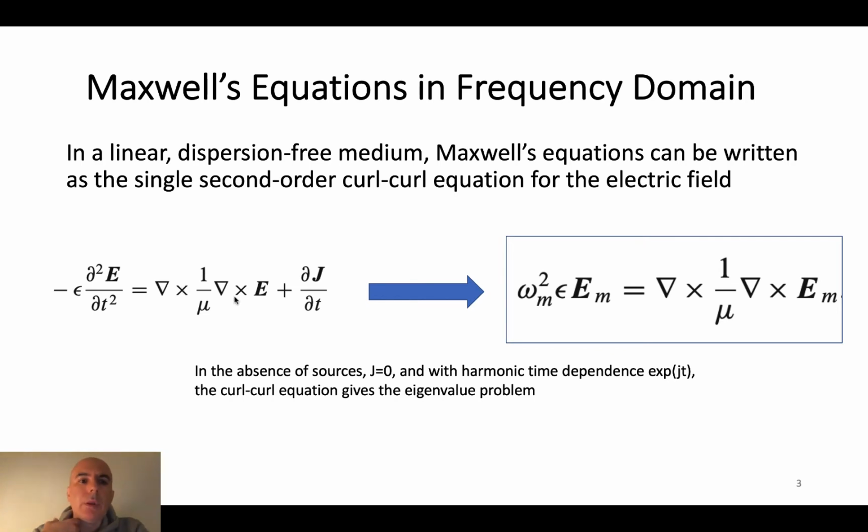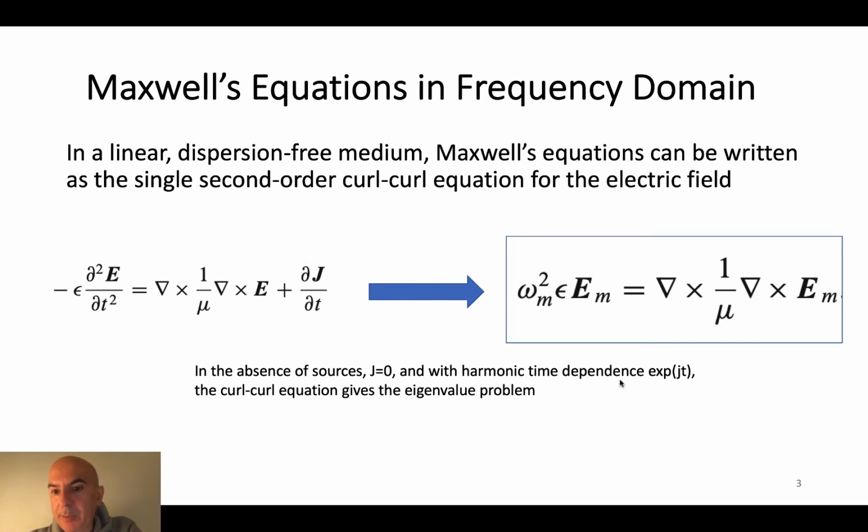By expressing the electric field as a complex exponential, we can move from the time domain to the frequency domain. The frequency domain is here on the right side of my slide. In the absence of sources, this term vanishes.